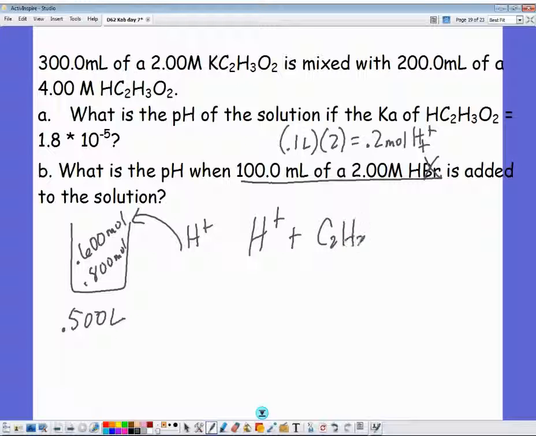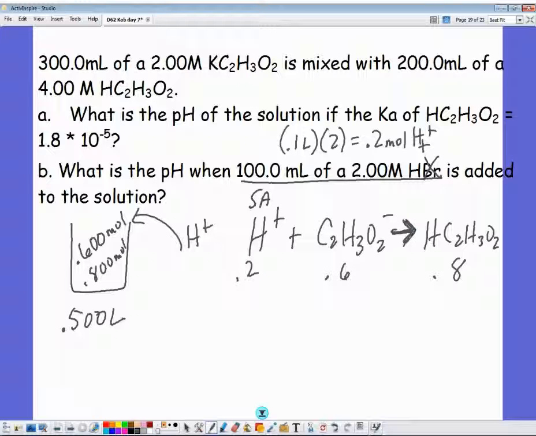The conjugate base. Acids and bases react together, not acids and acids. All right, so I get HC2H3O2. Let's put in what we have: 0.2, 0.6, 0.8 originally. But because this is a strong acid, I have what kind of arrow here?